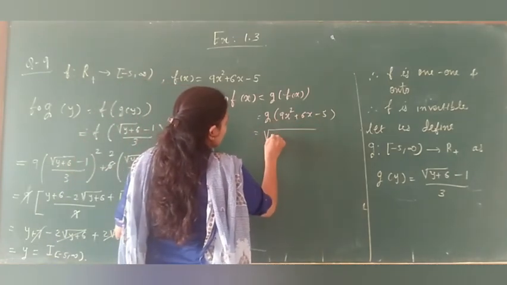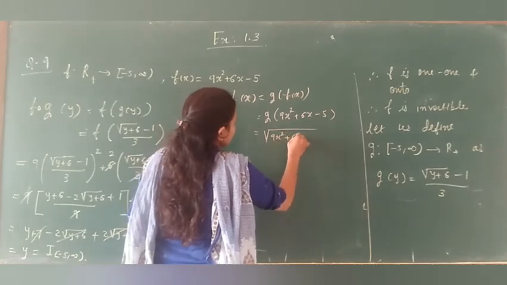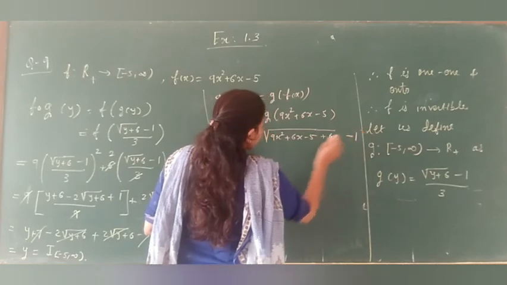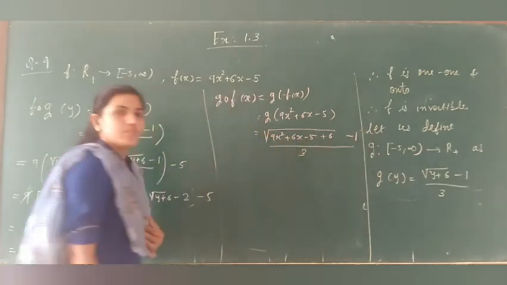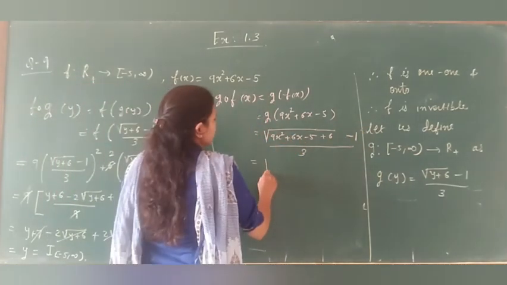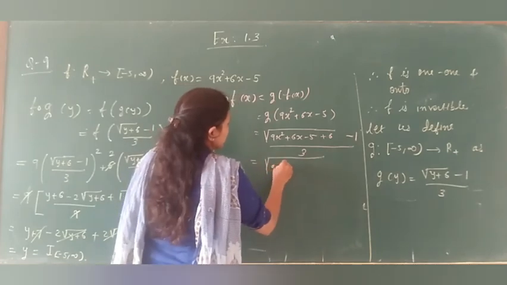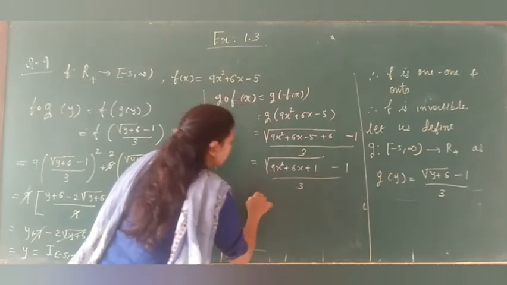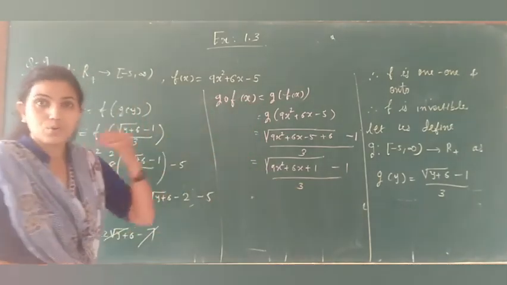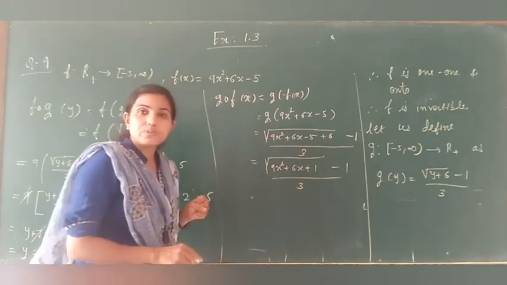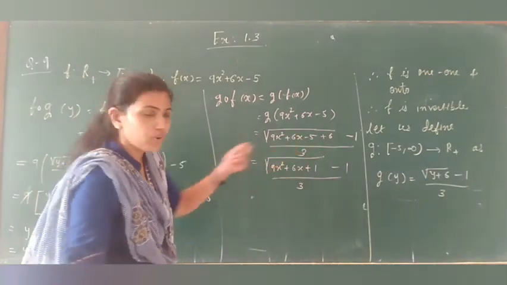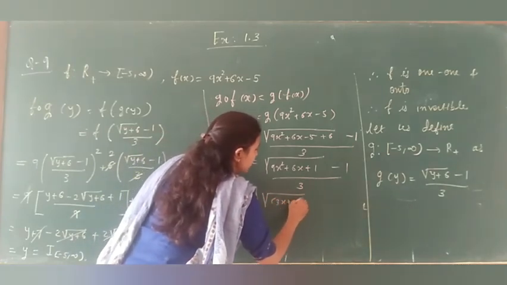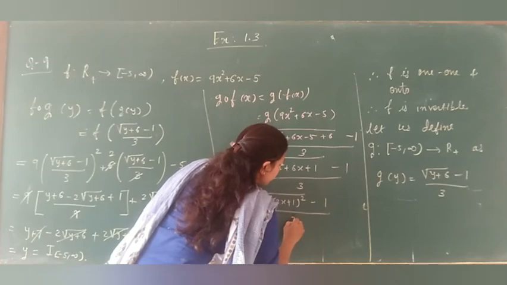So under root, this is your y, 9x square plus 6x minus 5 plus 6, minus 1 upon 3. We have applied. Now we have 9x square plus 6x plus 1. Remember, when we proved it earlier, this is 3x plus 1 whole square. So under root of 3x plus 1 whole square, minus 1 upon 3.